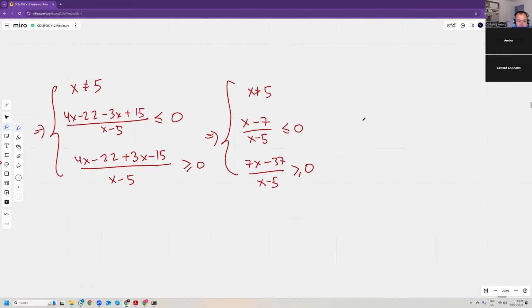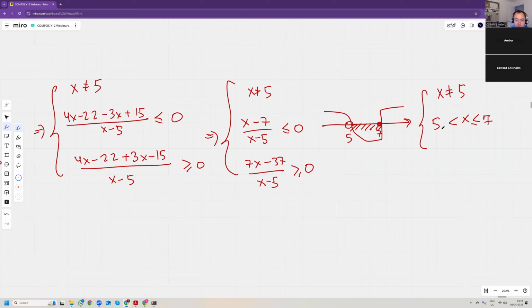For the first one, that's fairly easy. That's 7 including, 5 not including, and it's less than 0, so it's like this. So x belongs to, you can simply say, x less than or equal to 7, and not 5.